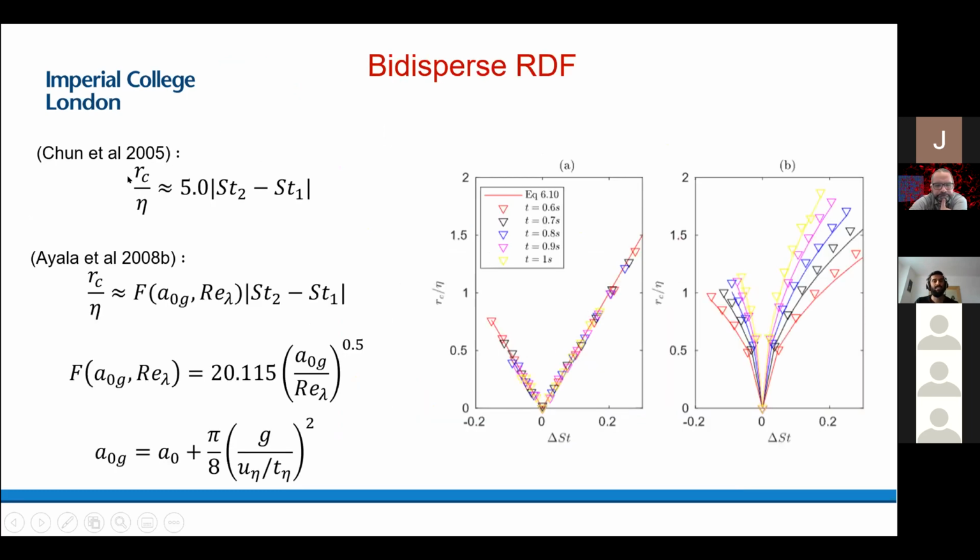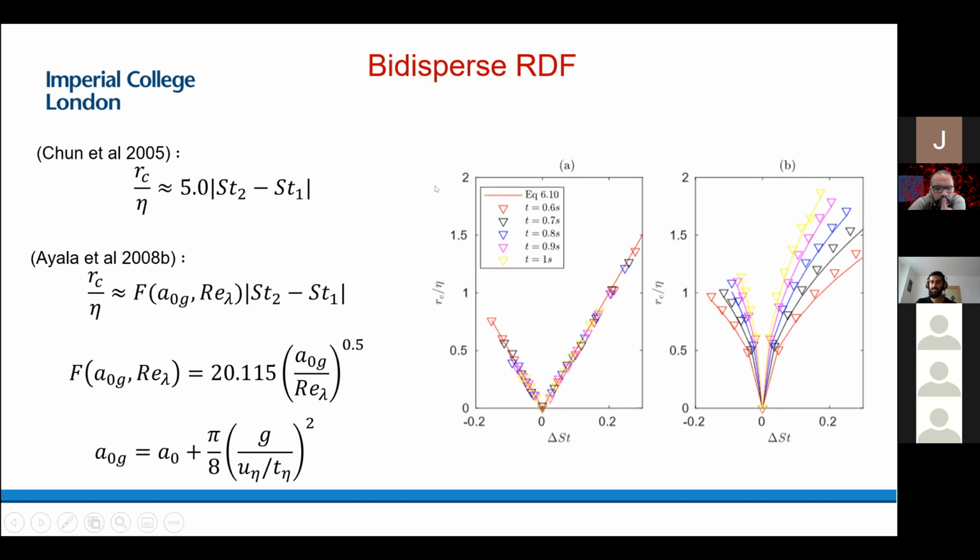Here we look at a few relations which have been proposed. These are empirical, semi-empirical relations for the crossover scale at which this transition happens. We check this for the relation for non-sedimenting particles in A and sedimenting particles in B, and we get very good agreement.